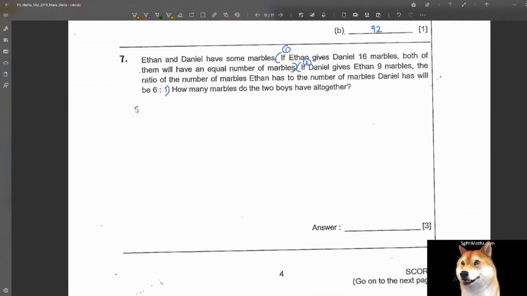So we look at the first scenario first. At the end they will have an equal number. But before they have equal, Ethan gives Daniel 16. So there is a 16 somewhere here.